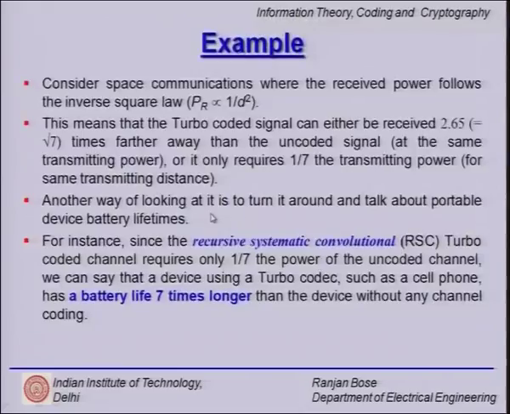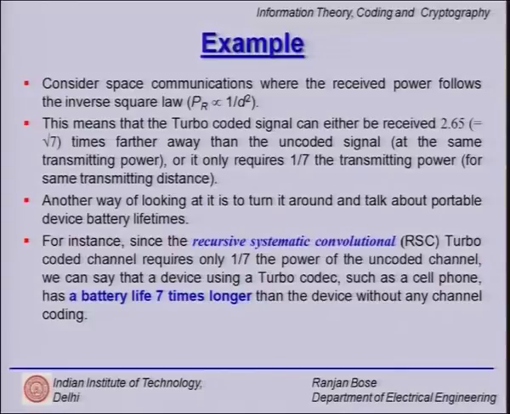Let us look at an example of how effective it will be in real life. Suppose we are doing deep space communication, where the inverse squared law is followed with respect to the distance.